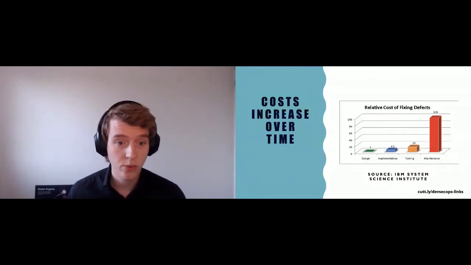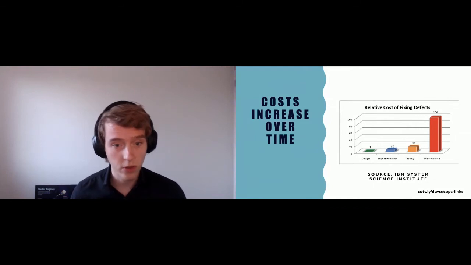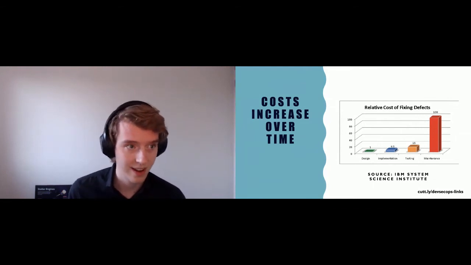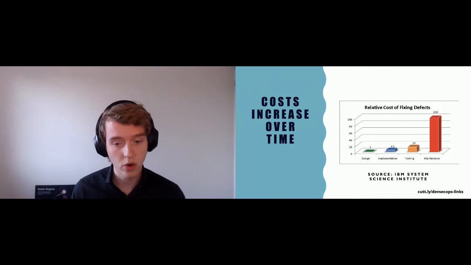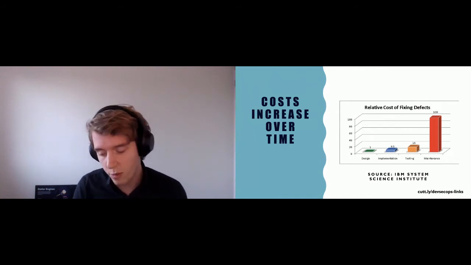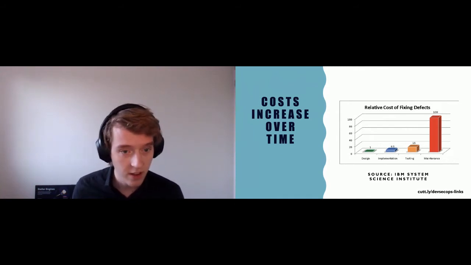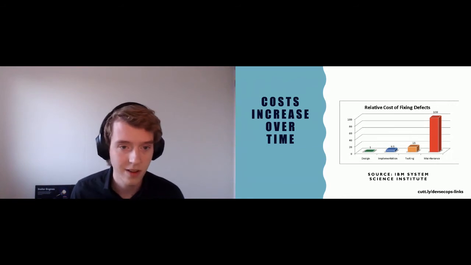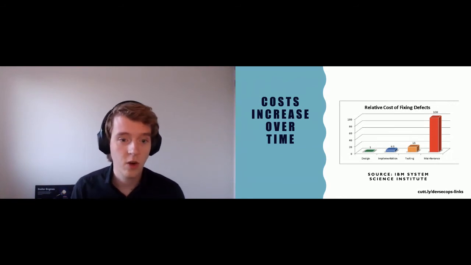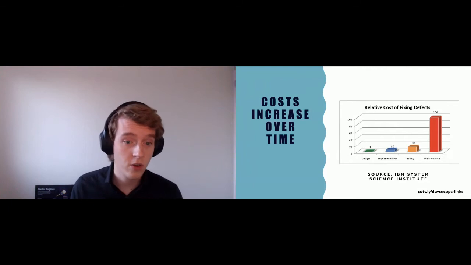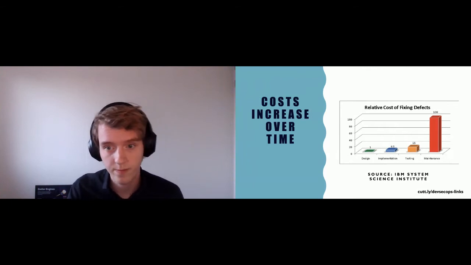And maybe not surprisingly, they found that the further along in the software development lifecycle you get, the more complex the code base gets, the more controls there are put in place, the more expensive it's going to be to fix a defect. So fixing bugs earlier on is just plain cheaper.